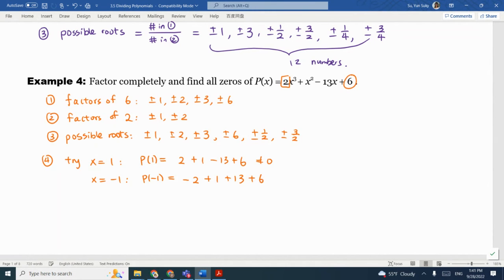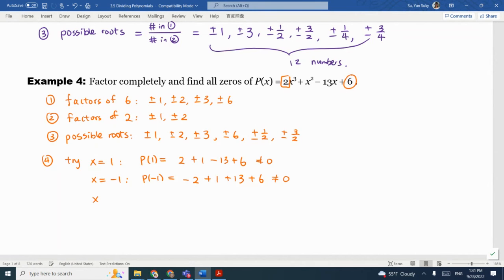And then plus 6. Is this equal to 0? No, right? Because we have more positive numbers than negative numbers. So it can't be 0. Right, everybody? Take notes, take notes.